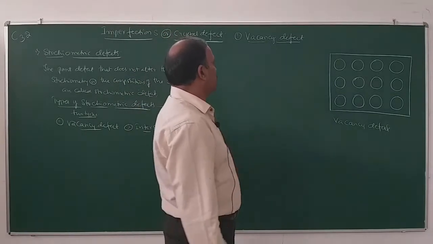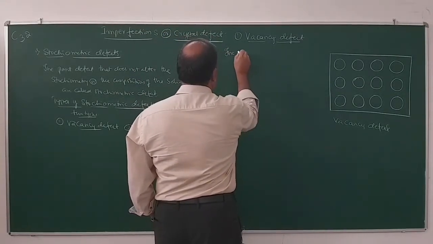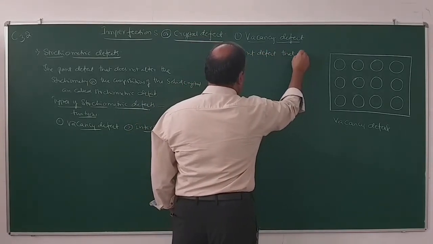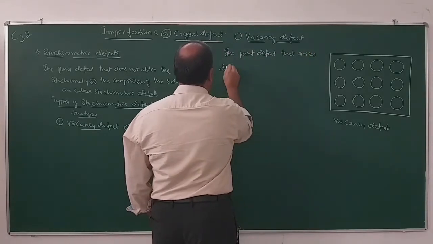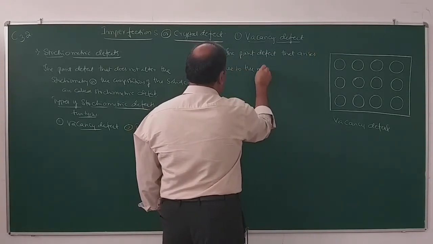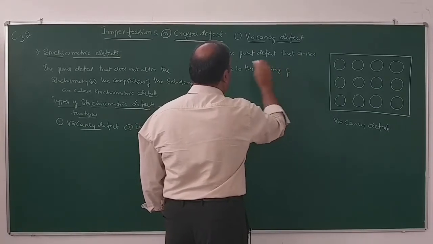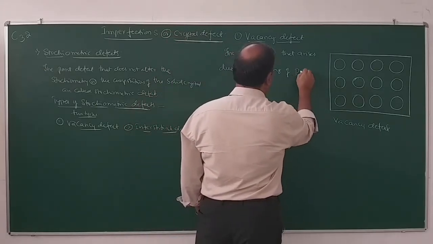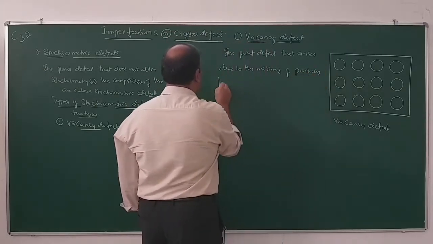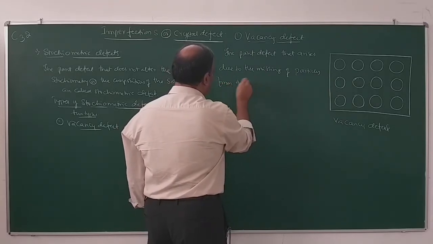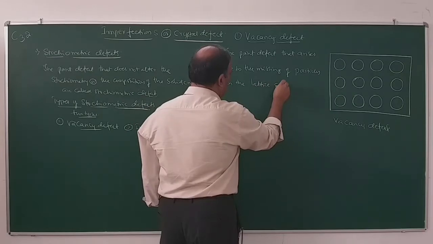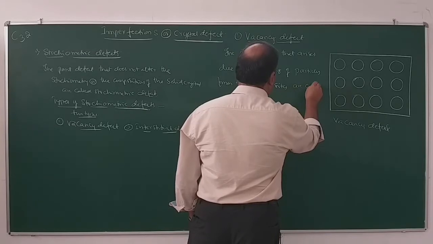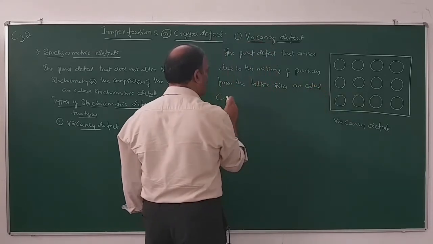So what is vacancy defect? The point defect that arises due to the missing of particles from the lattice sites is called vacancy defect.